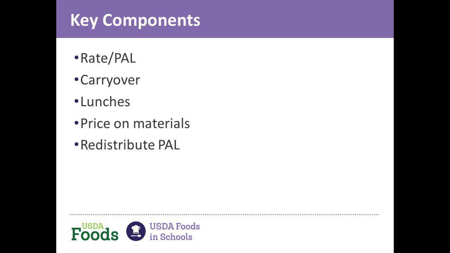The state must offer SFAs their share of PAL. However, if the SFA is not using their PAL, it is the state's responsibility to redistribute the PAL to an SFA who can and will benefit from it in the year it was received.